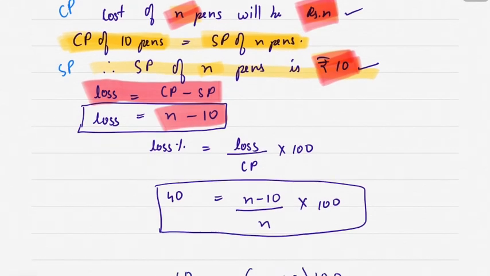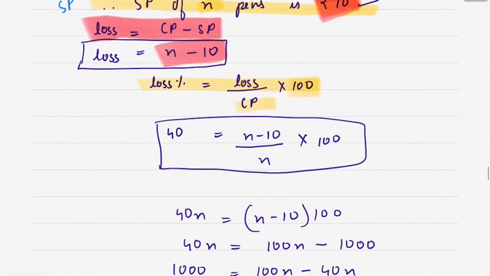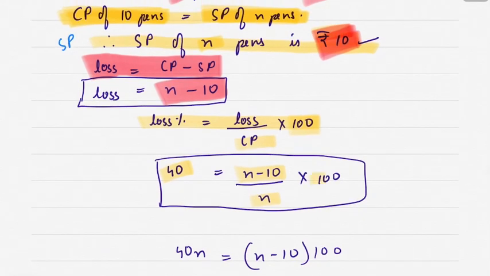Okay. Loss percent is given as 40%. So you will take the loss percent formula. What is the formula of loss percent? Loss percent is equal to loss upon cost price into 100. Right? So loss percent is 40, loss is n minus 10, cost price is n, and into 100.